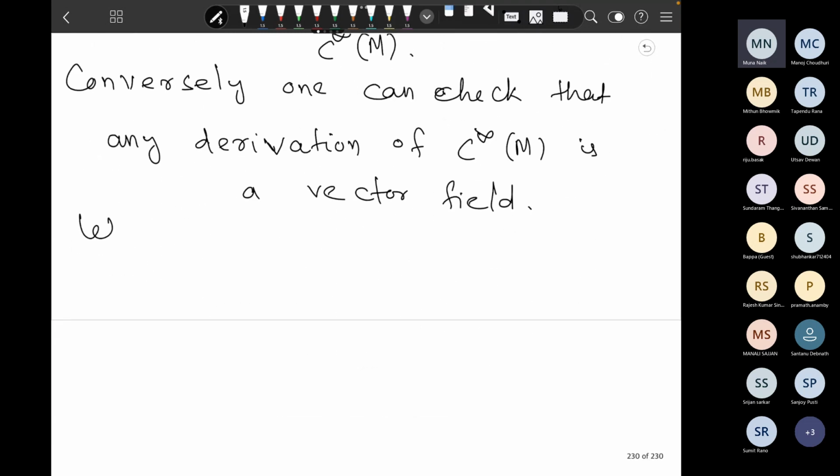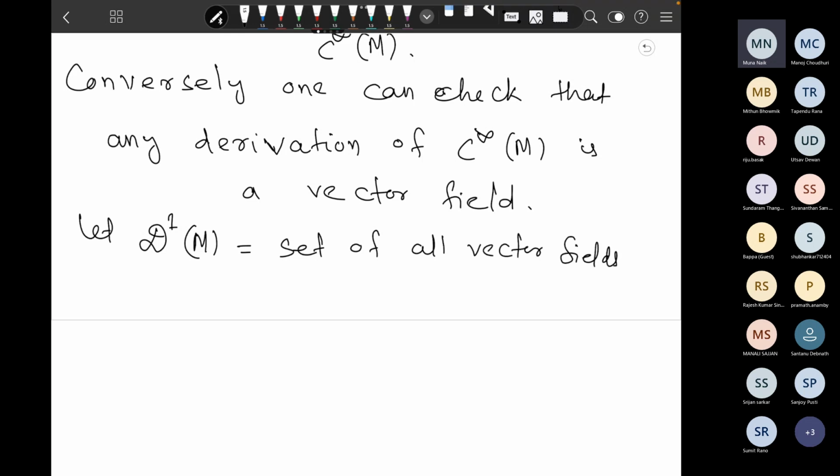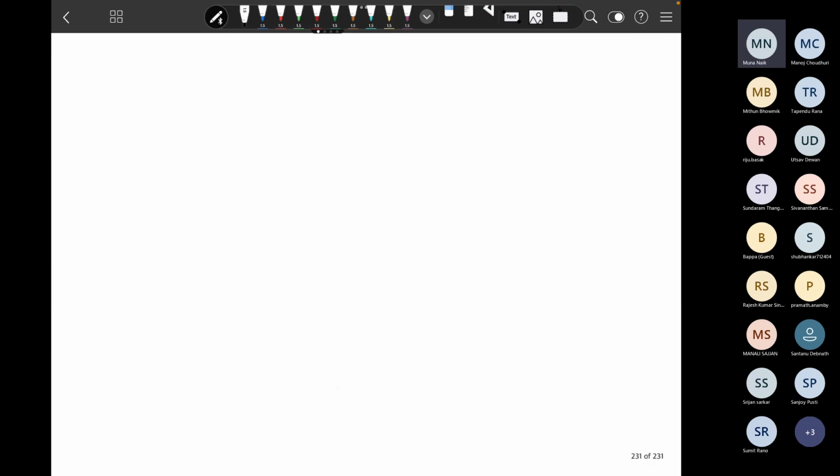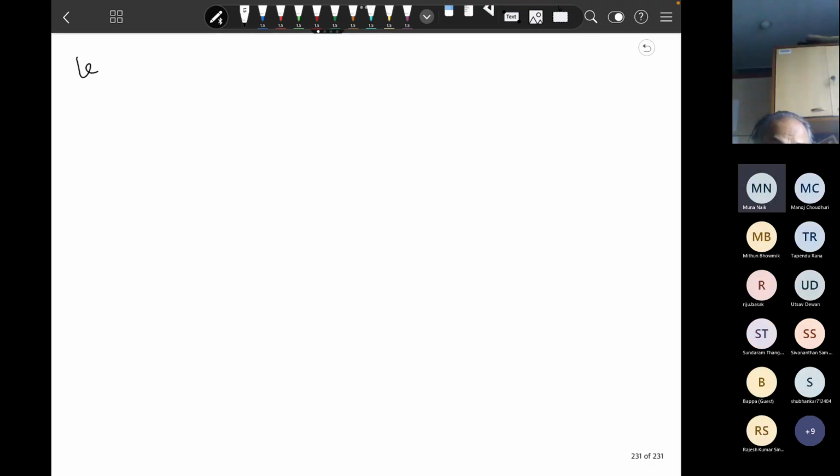So let D1 M be the set of all vector fields on M, and this is nothing but the set of all derivations of C infinity M. So this D1 M is the set of all vector fields on M and the set of all derivations of C infinity M.